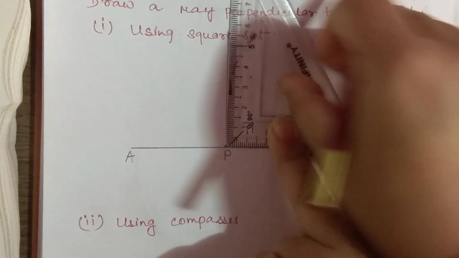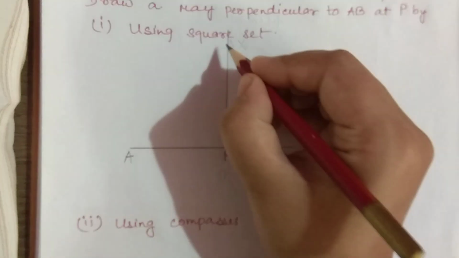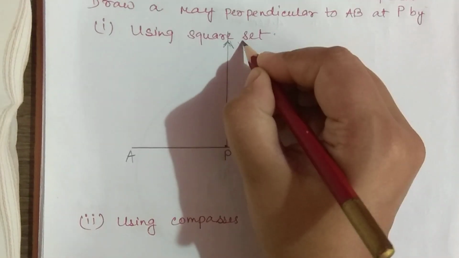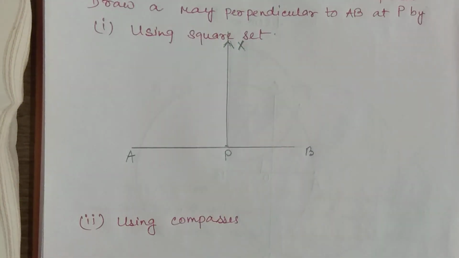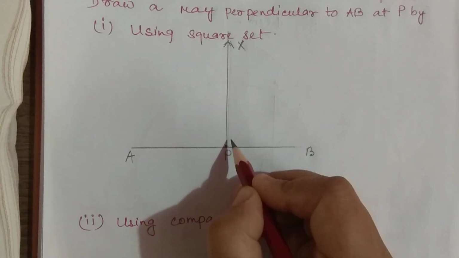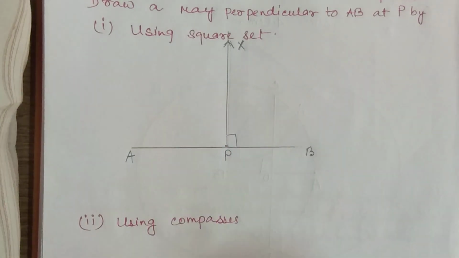I will remove the square set. This end point I will mark as X. So PX is the ray which is perpendicular on AB.